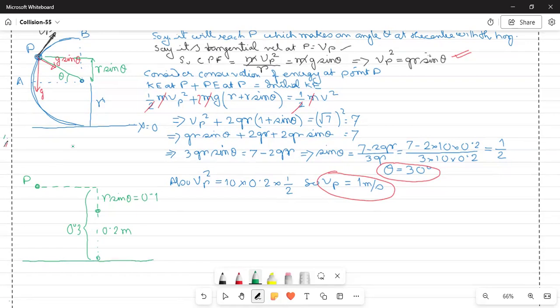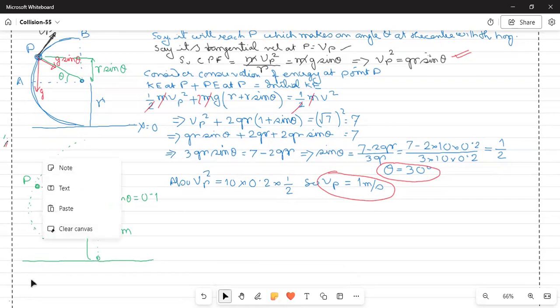And the semicircle was somewhere here. You don't need the semicircle, but just to make your visualization clear, I am drawing the semicircle. You don't need the semicircle anyway.